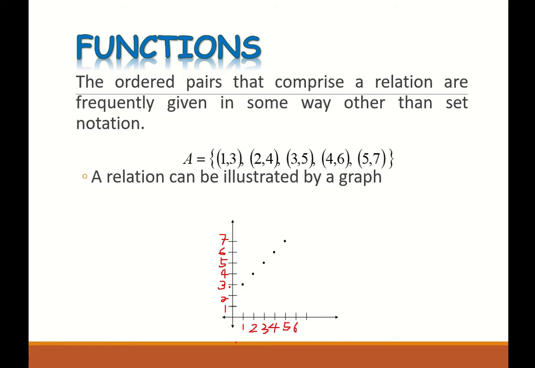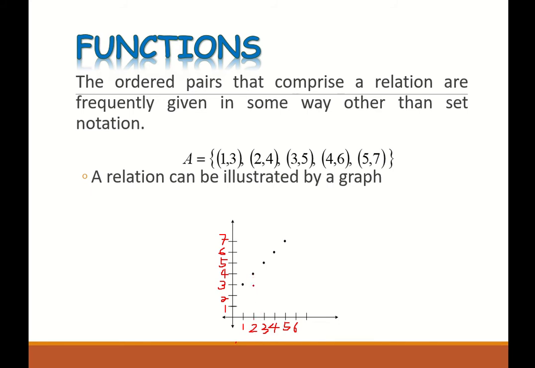So 3 for the ordinate, 1 for the abscissa. So 1, 3, in the form of x, y. So we take the x first, which is 1, y is 3. Then 2, 4.